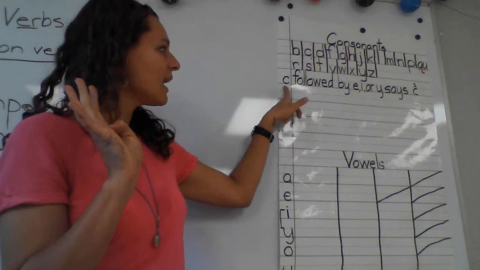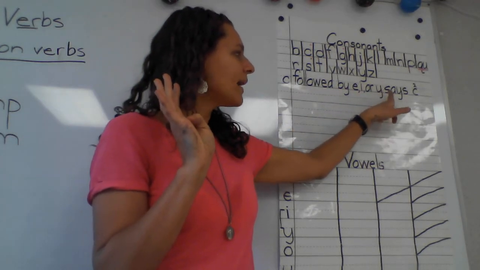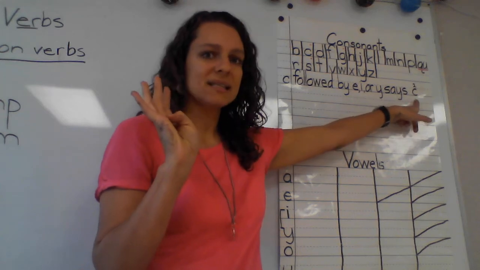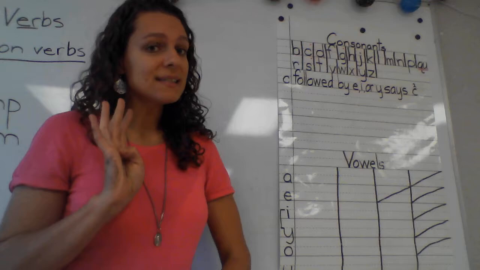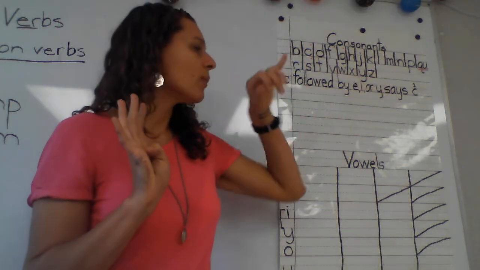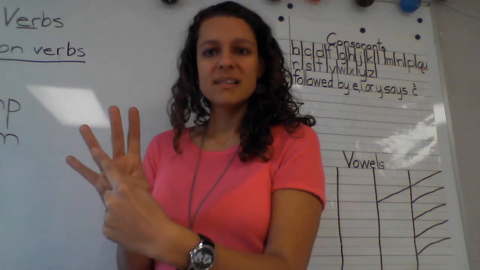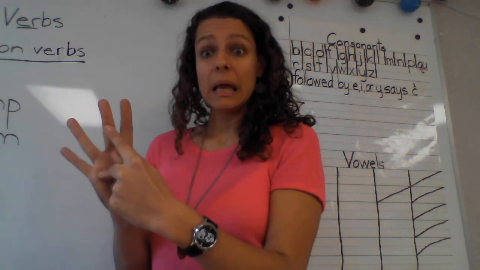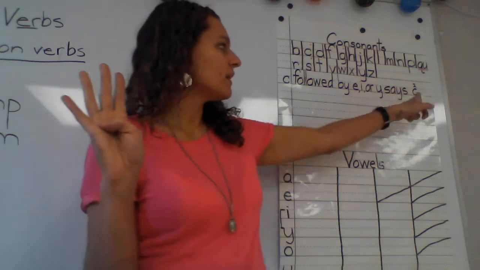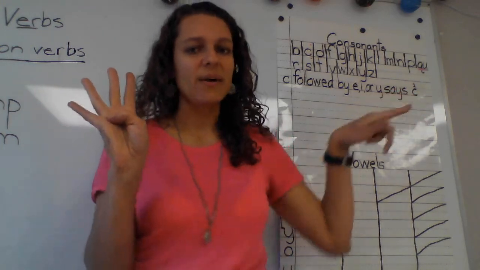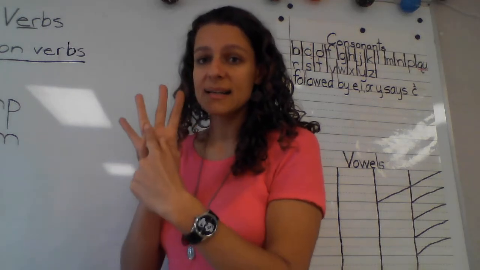It says C followed by E, I, or Y says S. Remember our k, s says its second sound if E, I, or Y is after it. And we just said the sound after the k in skip was i. So we couldn't use k, s. Then it would say its second sound. All right, so we need to use, good, line letter k.